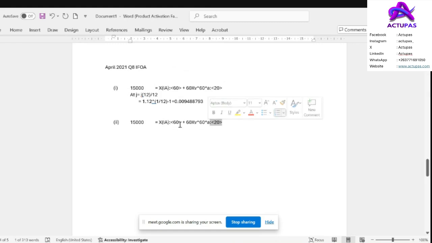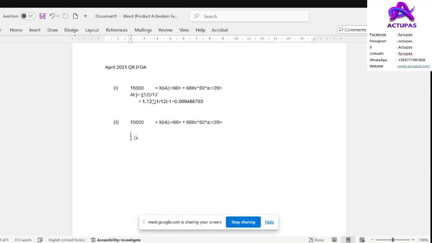Okay, the first part would be determining (IA)60. This part that I'm writing with a pen, you don't write it in an exam because you can't use a pen. I'm just writing it for illustrative purposes.